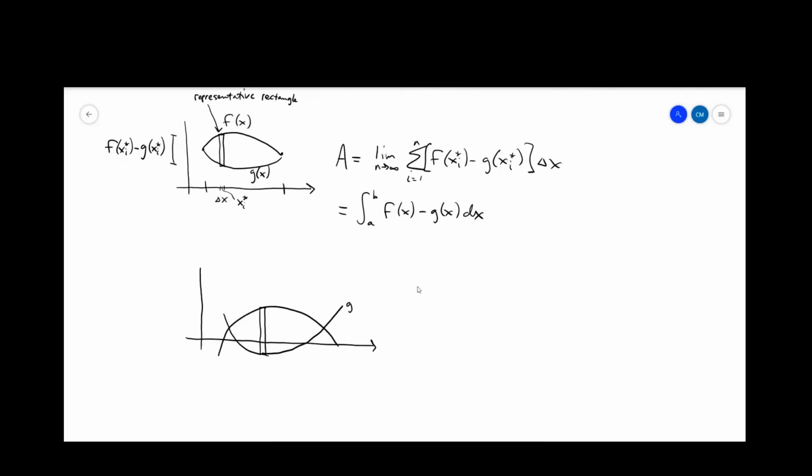Okay, so this is the function, this is the function.